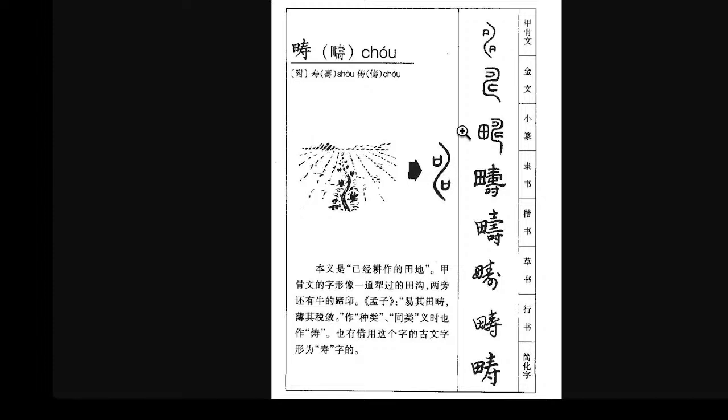Look at the oracle bone character. You can see that it's actually a picture of two pieces of land with some kind of river going through it. So this is the meaning.